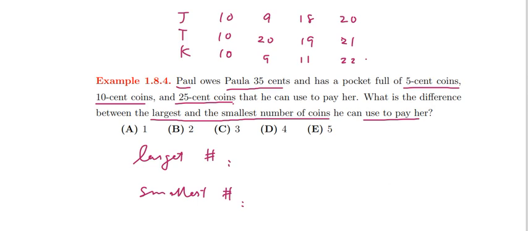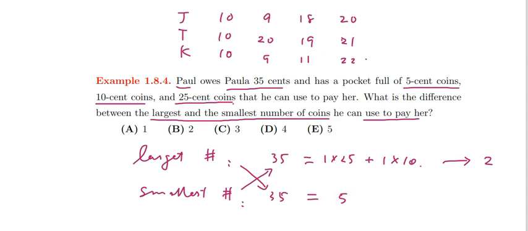So we multiply by 7, so here we have 7 coins. So the difference is just 7 minus 2.